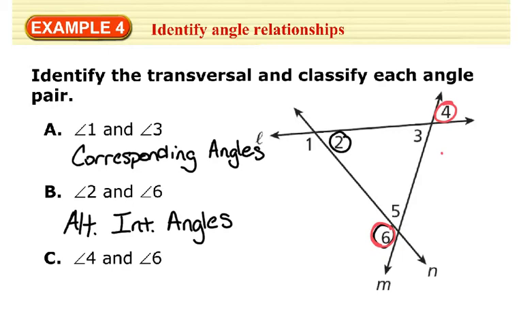So again, you can narrow it down to alternate interior or alternate exterior. Well, look where these 2 angles lie. They are on the outside of N and they are on the outside of L. So alternate exterior is what fits here.